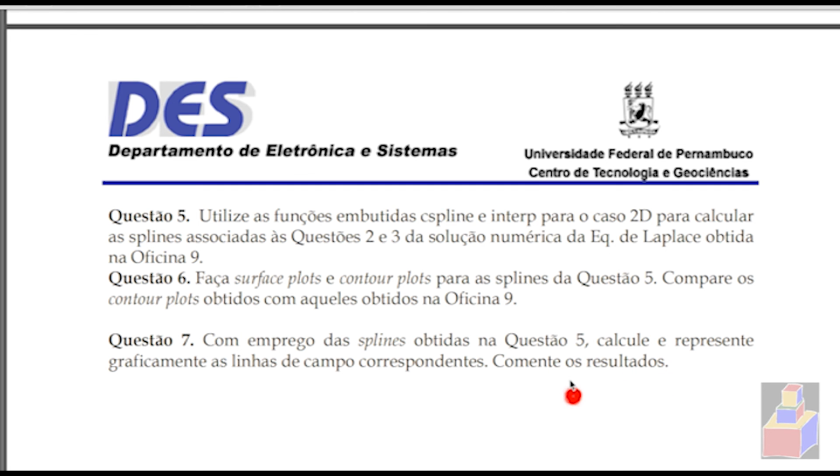Now that I have a continuous representation of the numerical solution of the Laplace equation, you can trace field lines. So do it and comment on the results.